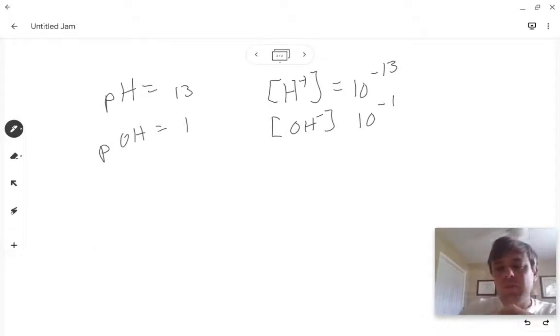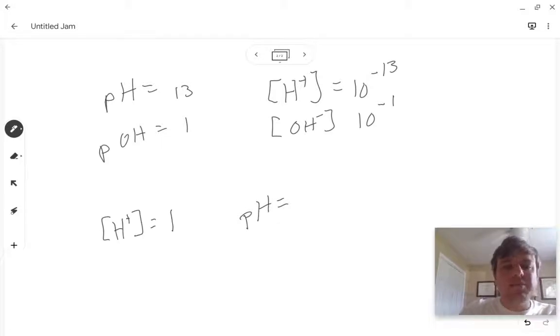I want to consider one last scenario here. If your H plus concentration is 1, then your pH equals the negative log of 1. Well, the log of 1 is 0, and negative 0 is still 0. So your pH is 0.